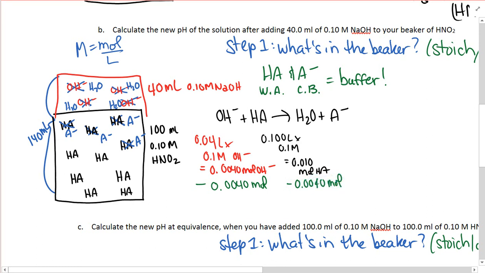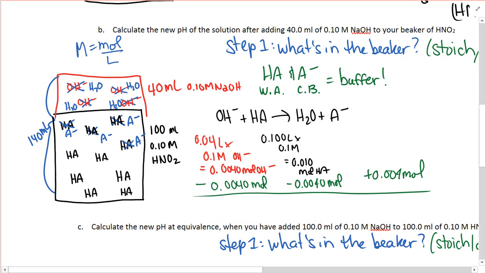So notice how I added 4 hydroxides. My 4 hydroxides all vanish and turn into water. And then 4 of my HAs vanish and they turn into A minus. So I'm using up all 4 OHs, I'm using up 4 of my HAs, and I am making 4 A minuses. So what's left over?